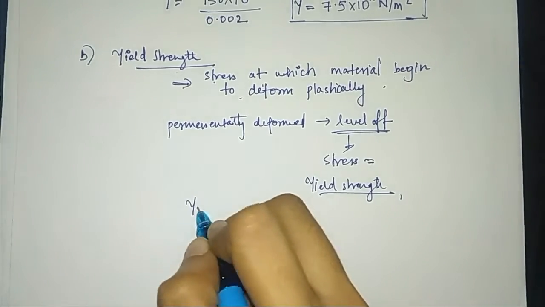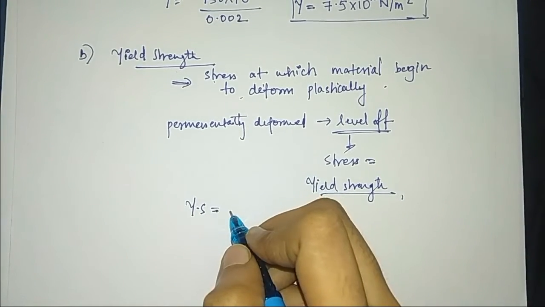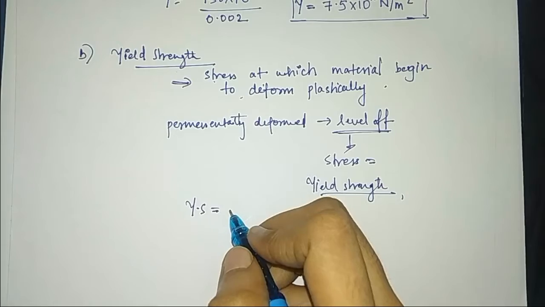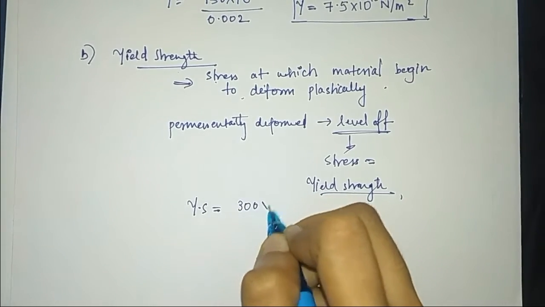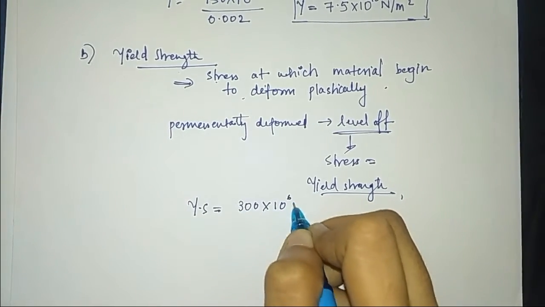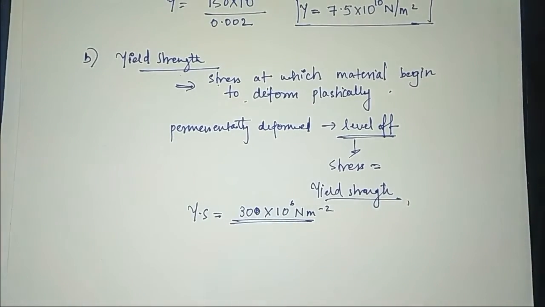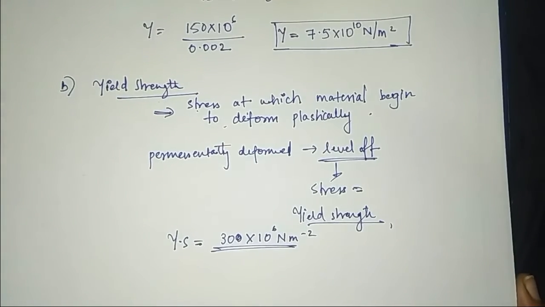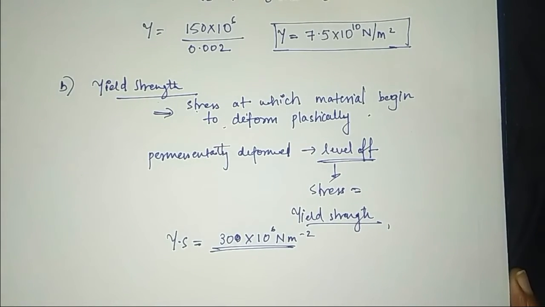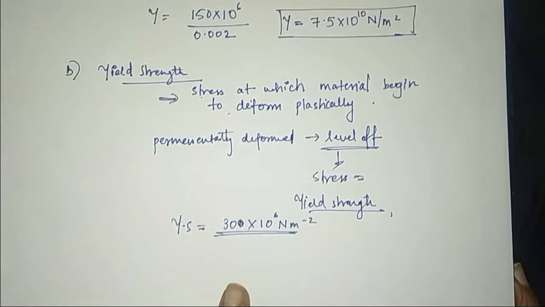So yield strength Ys will be equal to the value of stress at that point, which is 300 times 10 raised to 6 Newton per meter square. From the plot you can directly read it, because that is where the material begins to deform plastically.